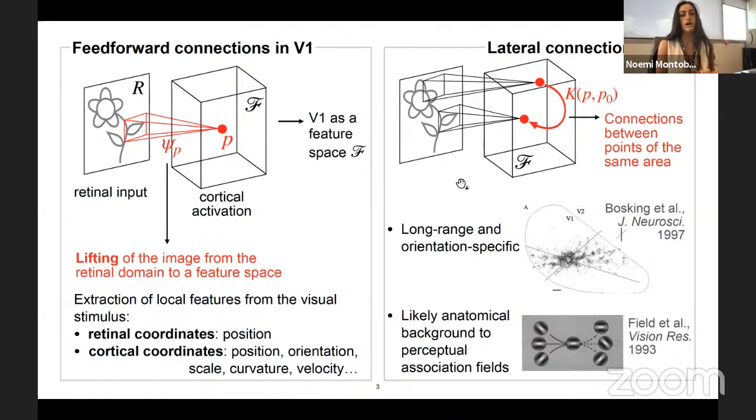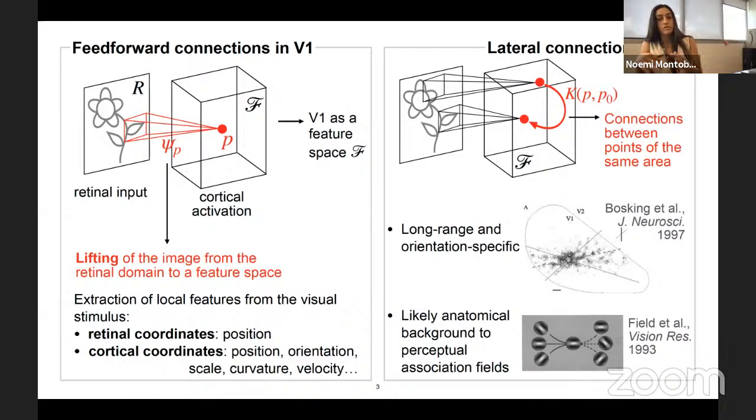We want to define such a kernel, and we are interested in the emergence of geometric structures that are compatible with the known properties of lateral connectivity. Specifically, we are talking about long-range connectivity that extends beyond the extent of the receptive fields of the neurons, and most importantly, it's orientation specific, as Jean was saying. It extends along the axis of the preferred orientation of the starting neuron and tends to target cells that are oriented coherently and in line with this axis.